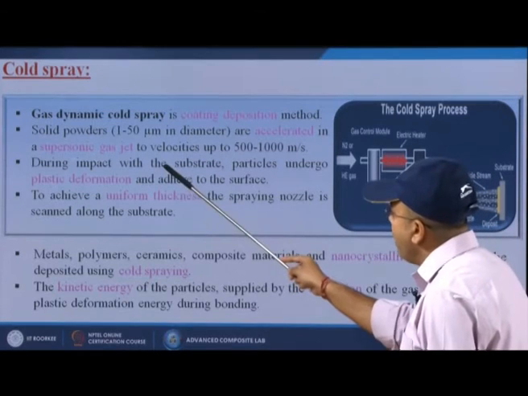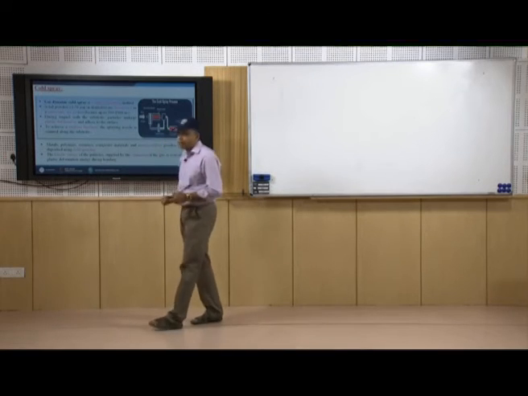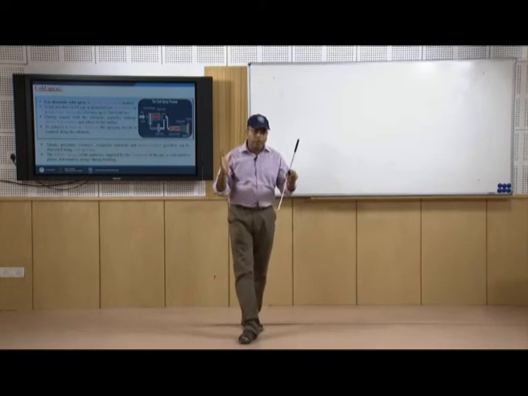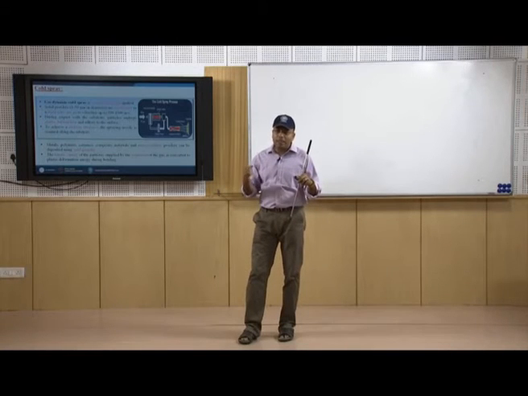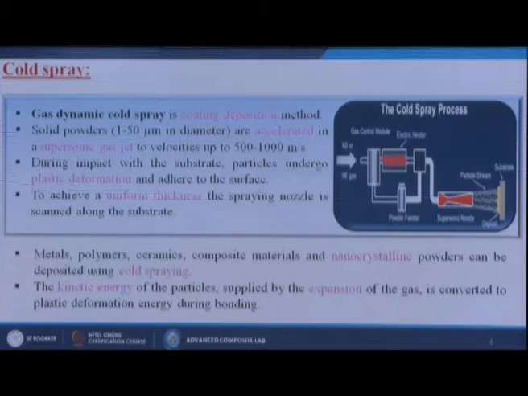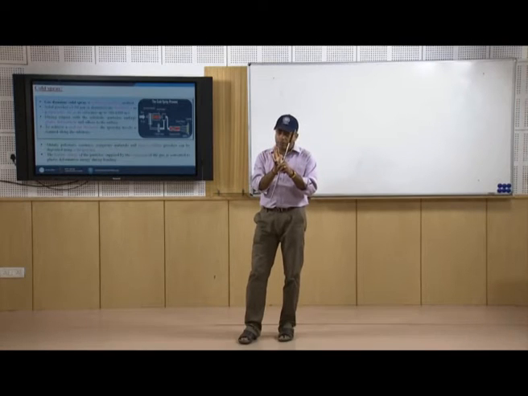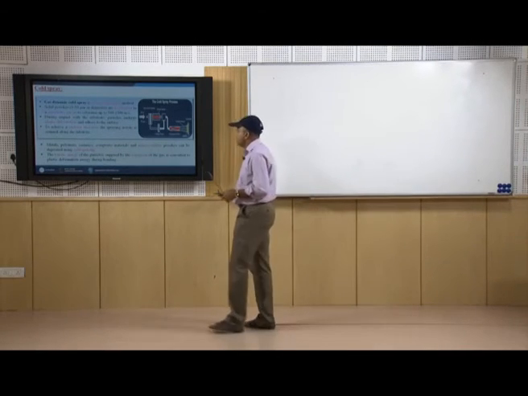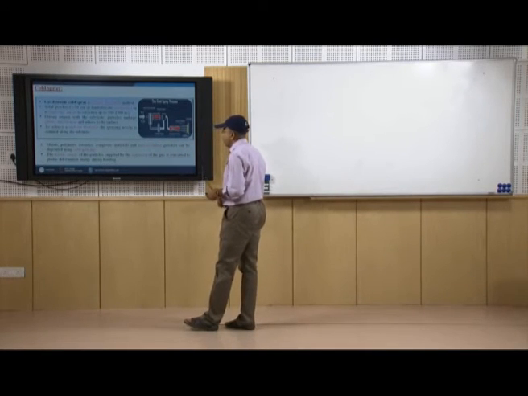During impact with the substrate, particles undergo plastic deformation and adhere to the surface. When we throw the particles from a particular distance, they gather kinetic energy, and due to that impact the powder sticks to the substrate and adheres to the surface itself.